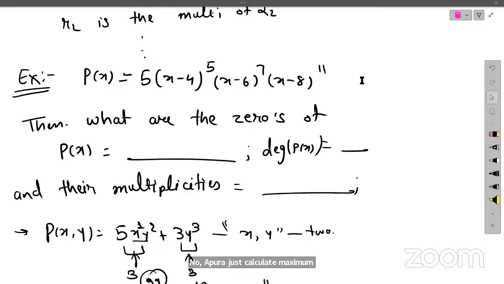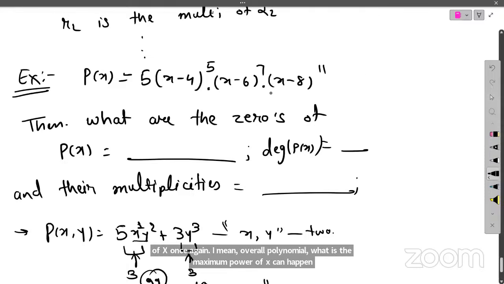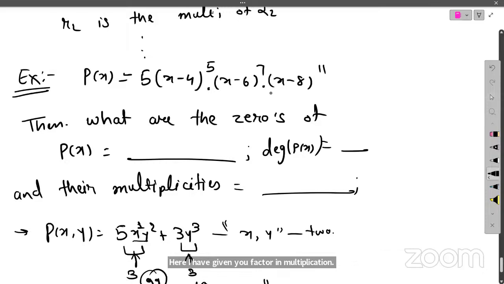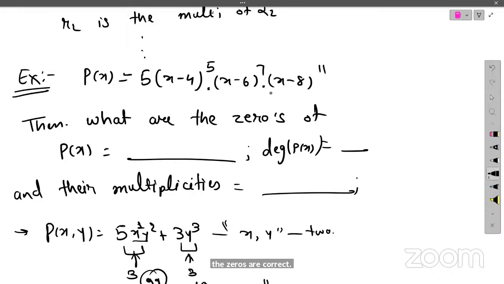I mean, for the overall polynomial, what is the maximum power of x that can happen? Here I have given you the factors in multiplication, so also observe that. The zeros are correct, but the degree of p of x you have to figure out.